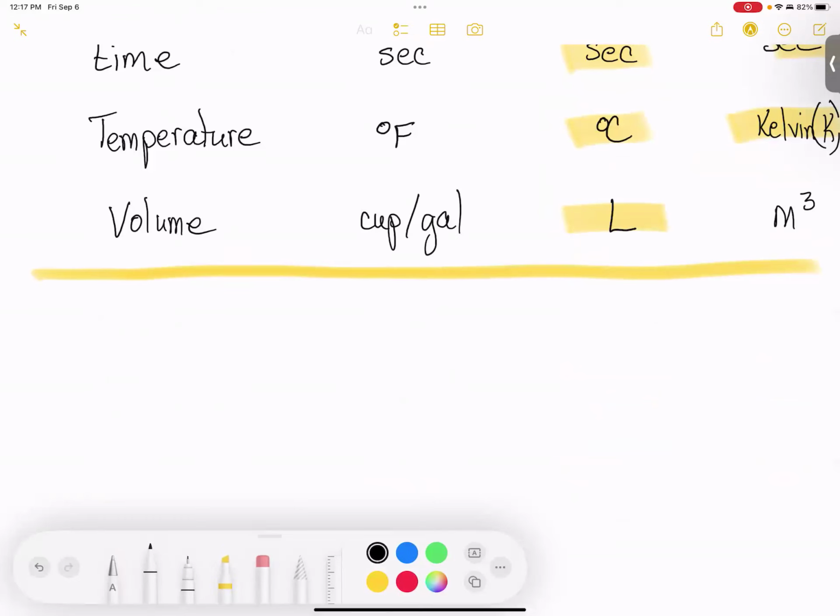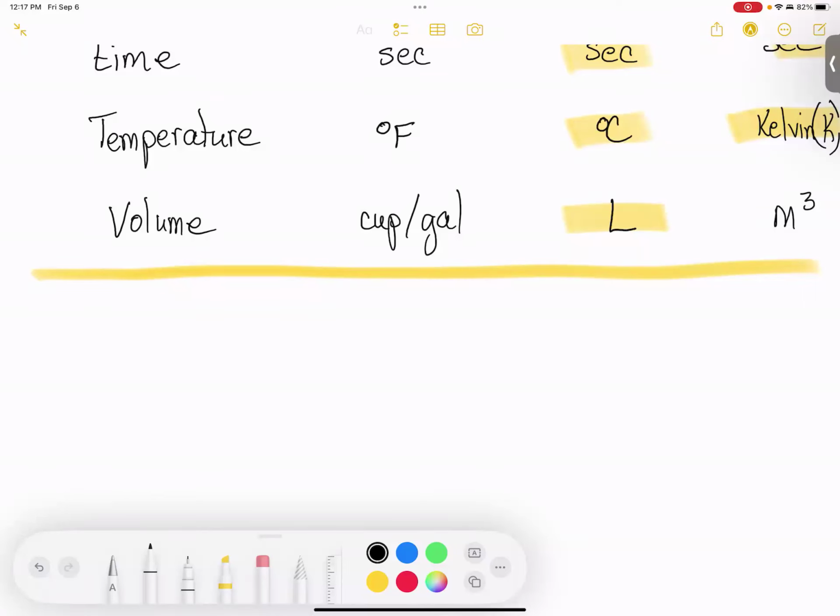Now, the other half of this page, you will not receive on an exam. Meaning you have to have it memorized.